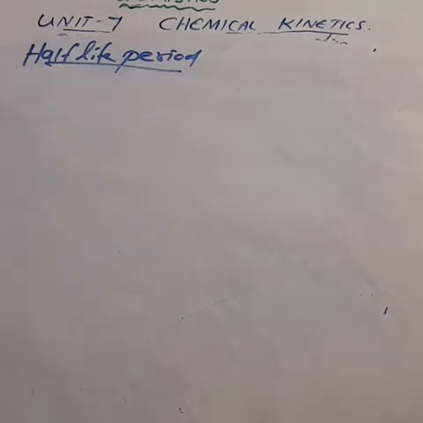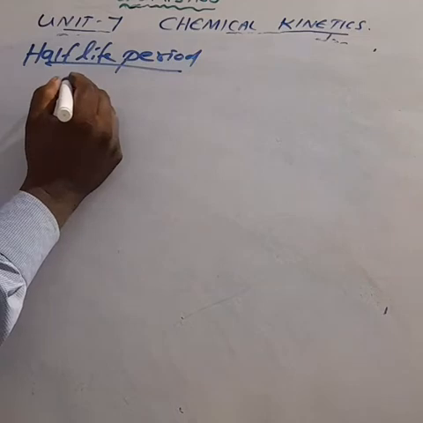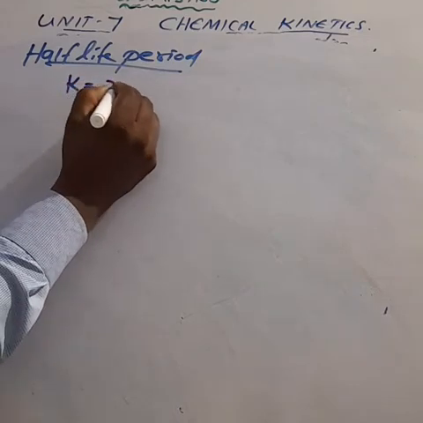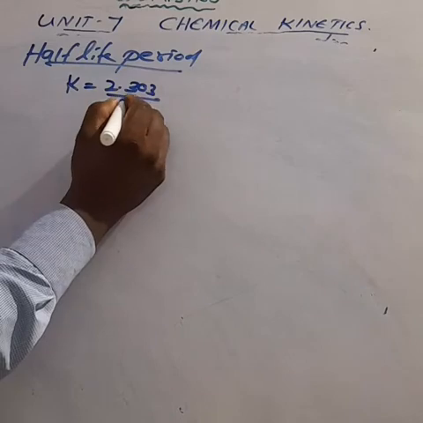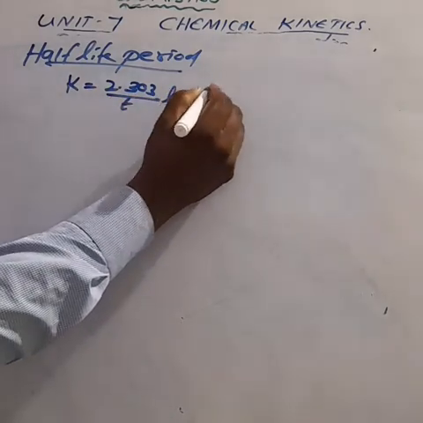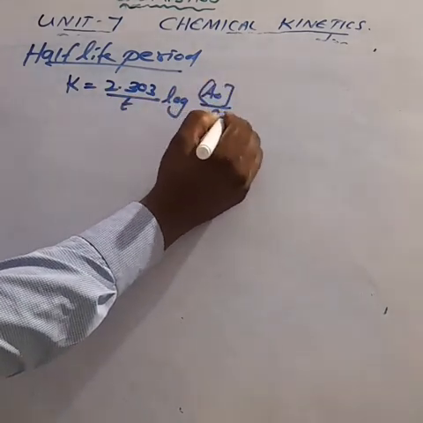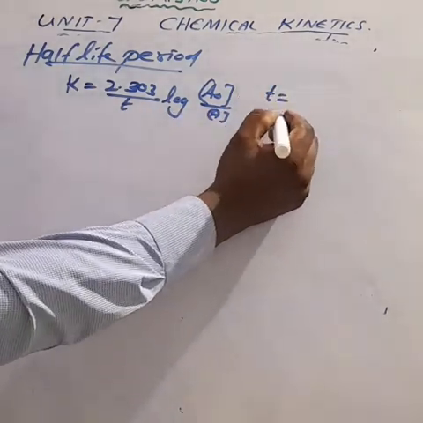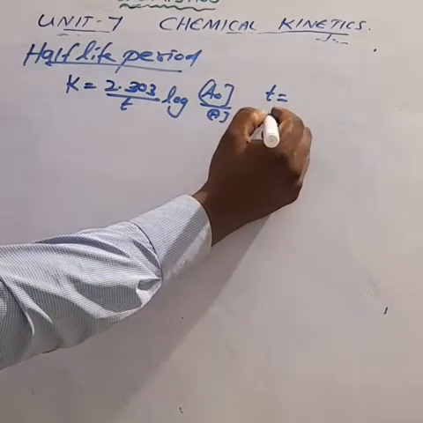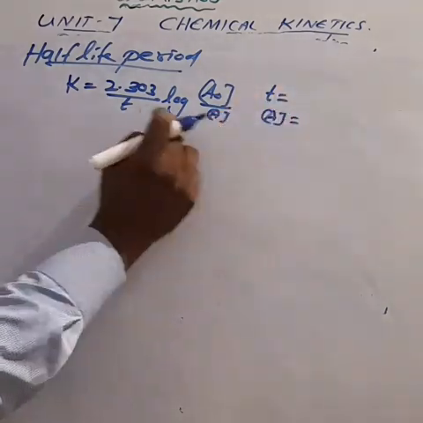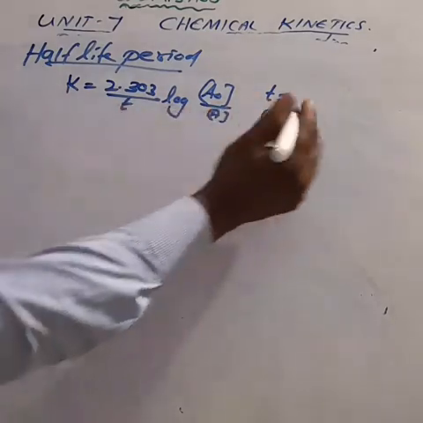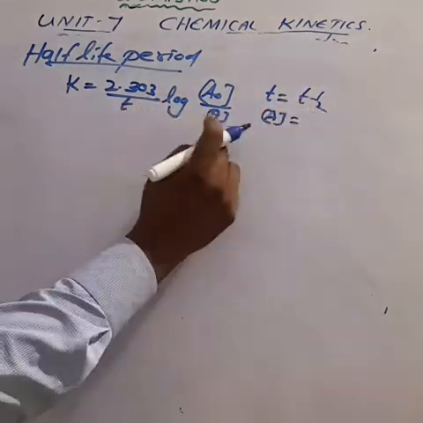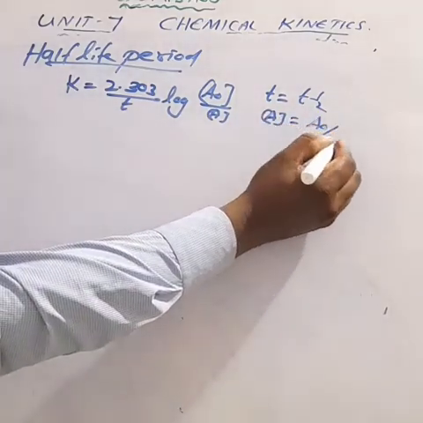The rate constant for the first order reaction, already we know that one. The rate constant for the first order reaction is K is equal to 2.303 divided by T log of A naught by A. Here we can change the value of T and the value of A naught and the value of A, concentration of A. T can be written as T half and the concentration of A can be written as A naught divided by 2.